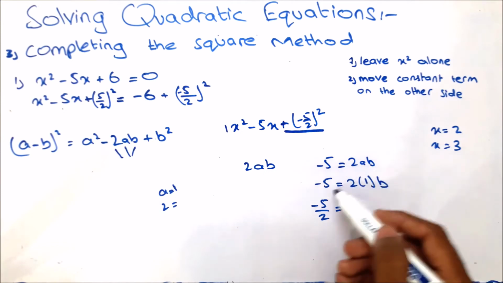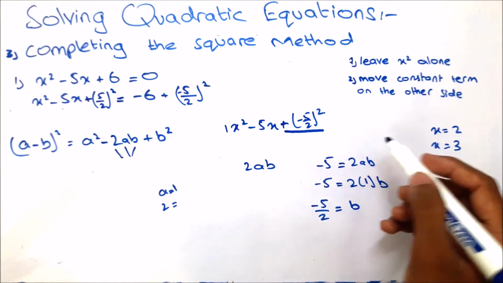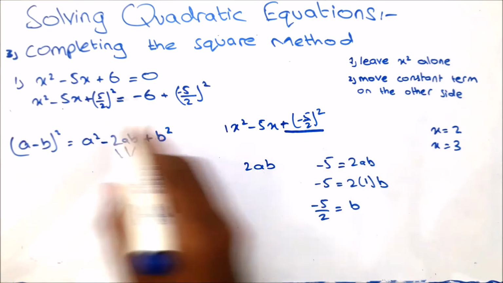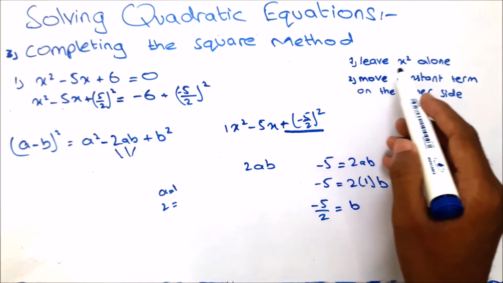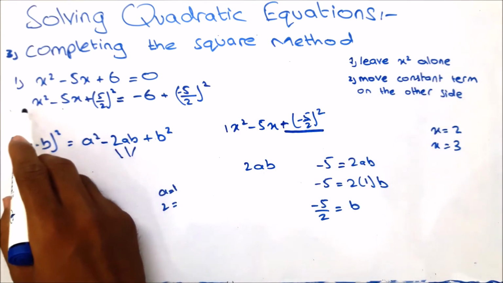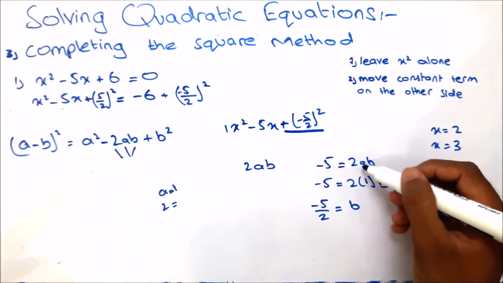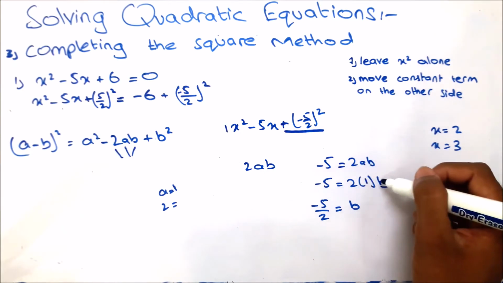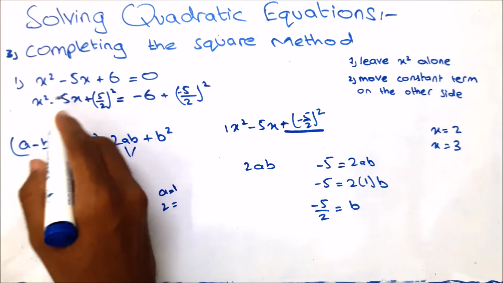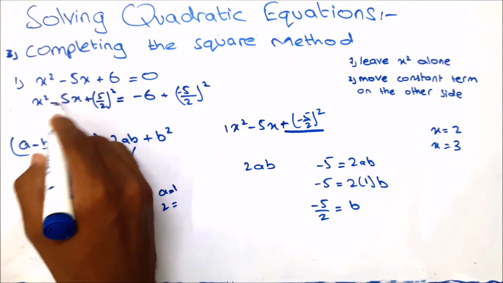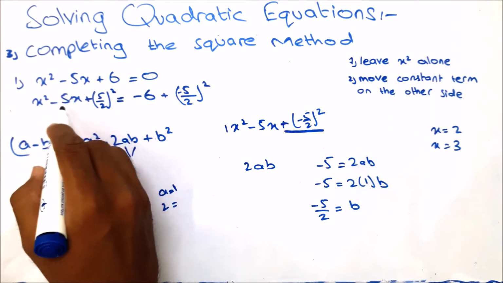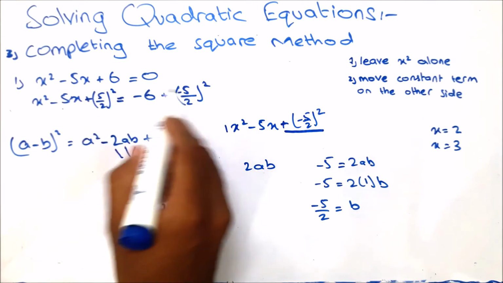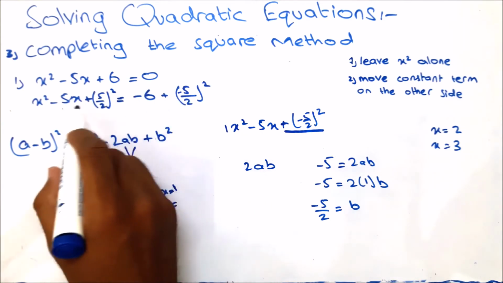So we can simply do this, or we know that, as I told you, the first step is to leave x squared alone. When x squared is alone, we get our a as 1, and what we are left with is 2 times b. So we simply divide this middle thing, this 5, by 2 and square it and add it on both sides, here and over here as well, to make it even.